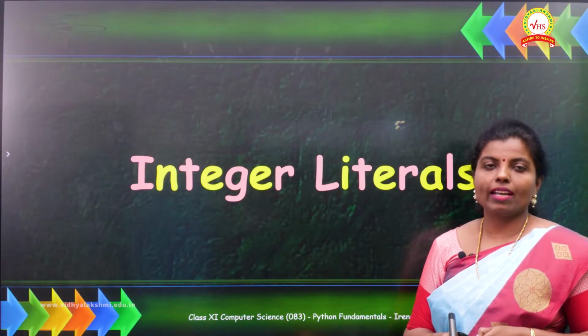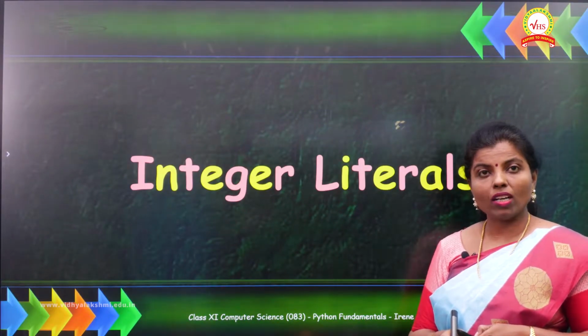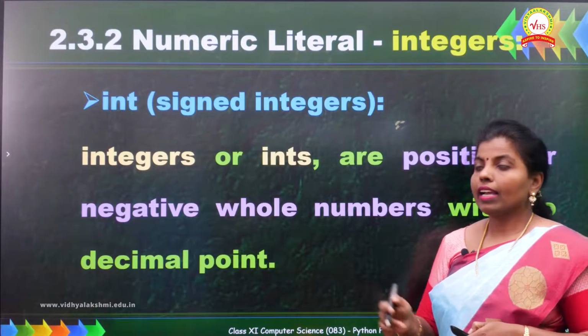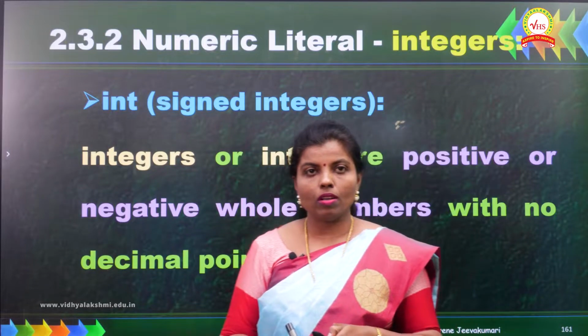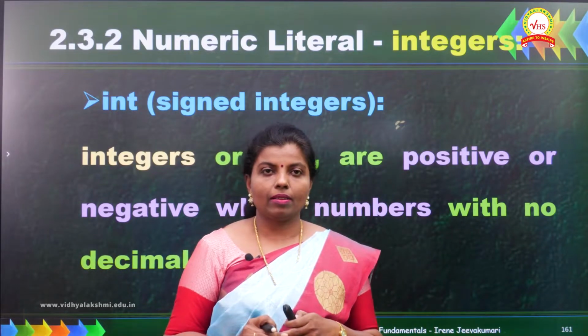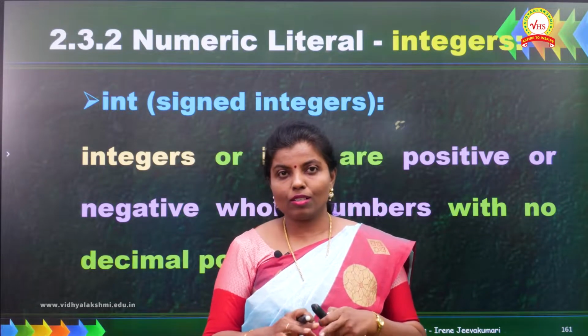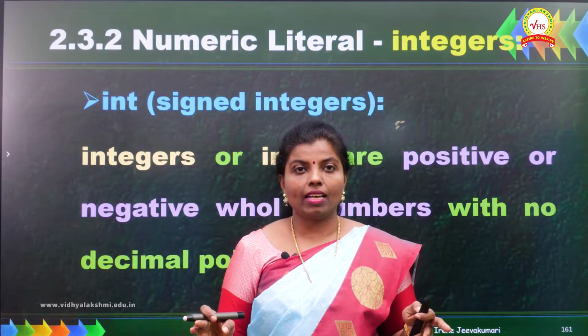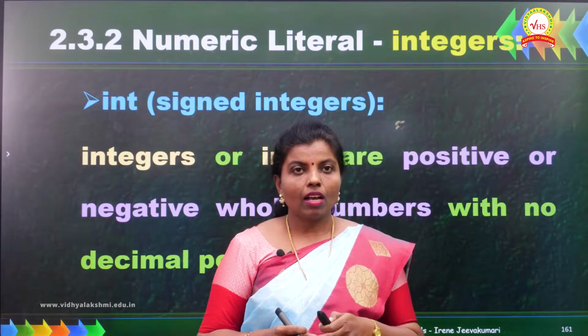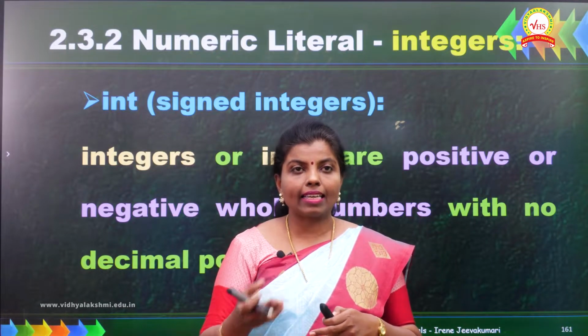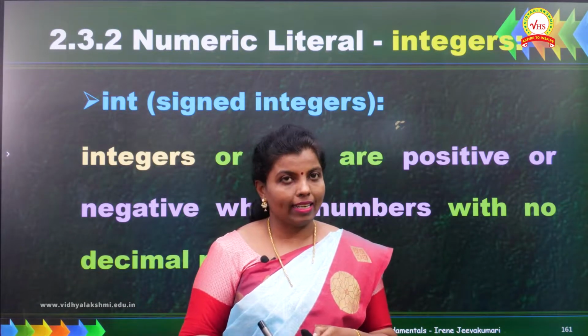Let us learn about integer literals. Integers or ints are positive or negative whole numbers with no decimal point in them. If a number does not have any decimal point in it, it is referred to as an integer, and integers can be positive or negative numbers.